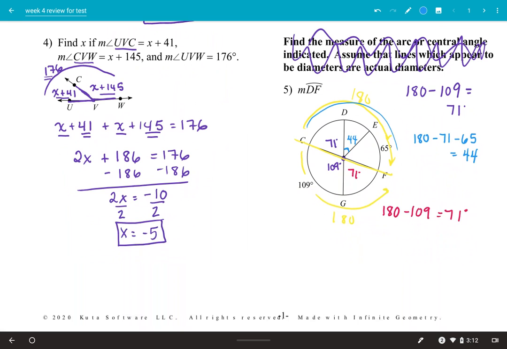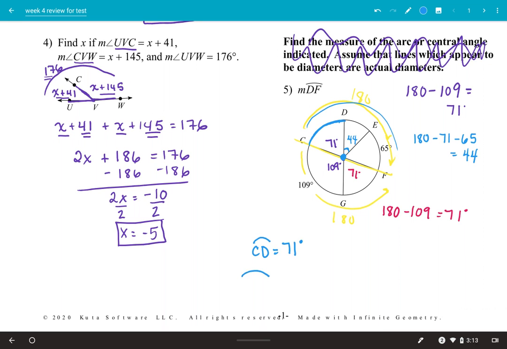So like, what is arc CD? So arc CD, we go from C to D, and we know it's the same as the angle because the angle is central. Arc and angle are the same if it's central, so it's going to be 71 degrees. And remember, if it's two letters under an arc, it's going to be less than 180 degrees.